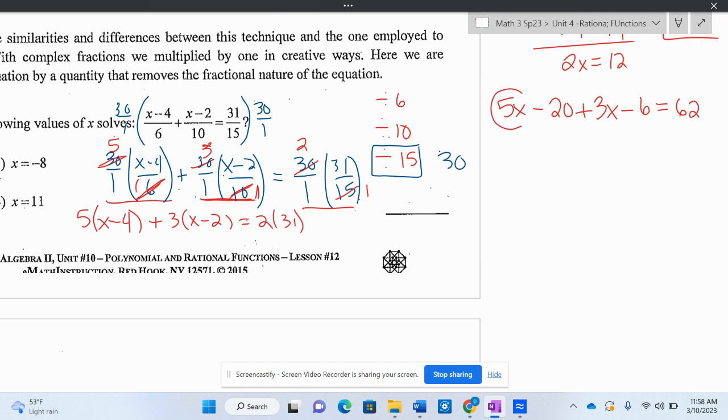Combine like terms. 5x and positive 3x gives me, Eliza, are you with me? You dropped your pencil. 8x. Negative 20 and negative 6 give me negative 26. All equals 62.